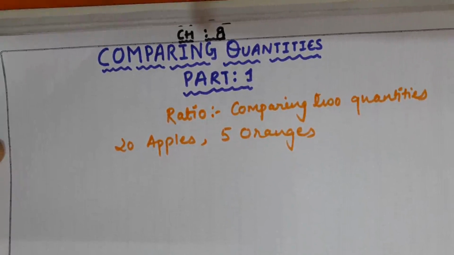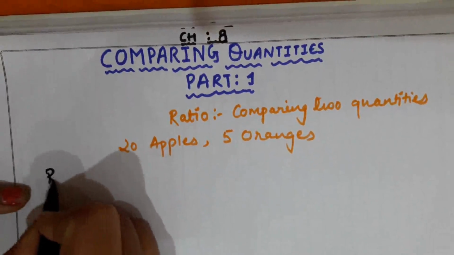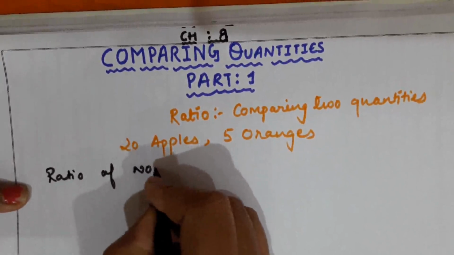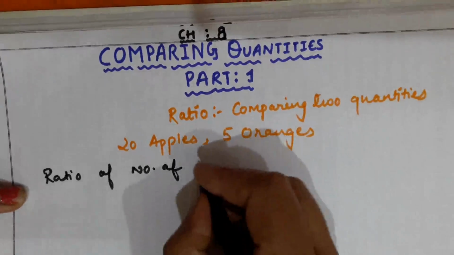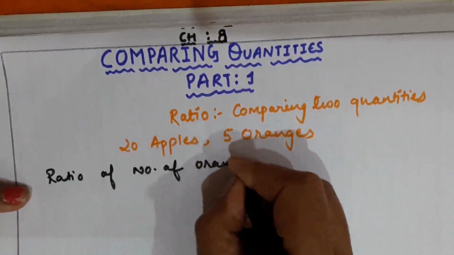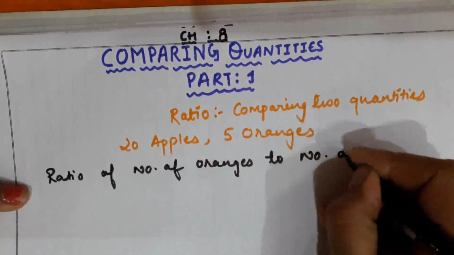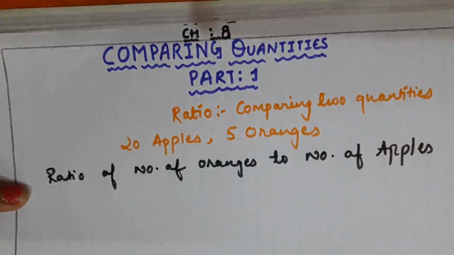If we want to find the ratio of the number of oranges to the number of apples, we need to find this ratio.